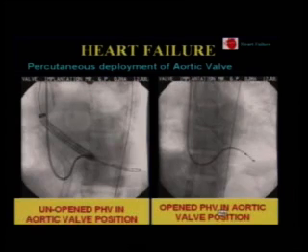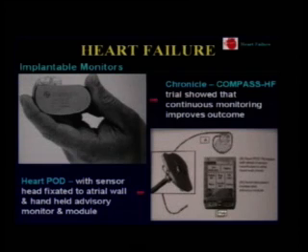Following that, the valve in the crimped position is here, and after opening, the mesh is just an expandable stent within which there is an Edwards-type valve which has been stitched. This is one of our own cases which we did at Metro Hospital about 2 years ago, the first case in India.